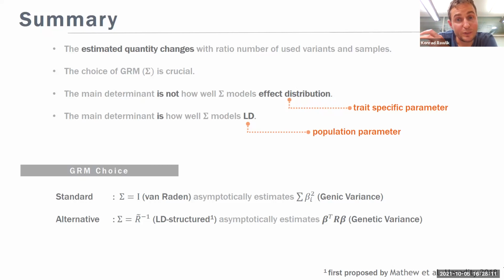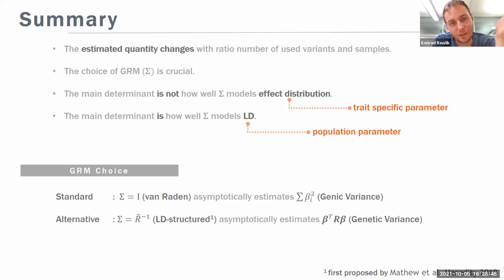This is good because the assumption that you need to model the distribution of effects is what is generally assumed in the literature, but this is a trait-specific parameter which would change from trait to trait. Different traits have different distributions of SNP effects. But the LD is the population parameter, which is constant across traits. So we have a hope that we can pick a G-REML which would give good results for different traits. We wouldn't have to change the G-REML from trait to trait.